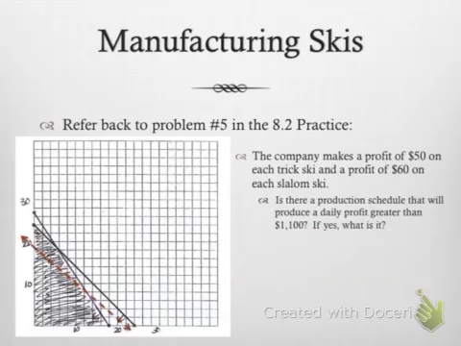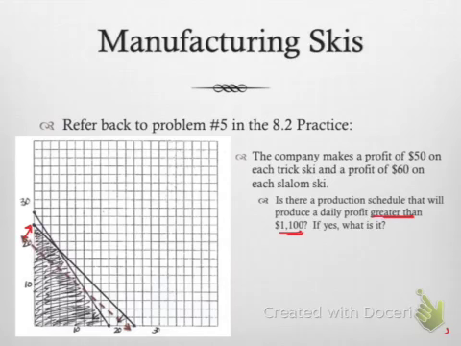Okay? Now, knowing where that line goes, is there a production schedule that will produce profit that is greater than the $1,100? So which side of this line would represent profit greater than $1,100? Well, that's going to be up here.